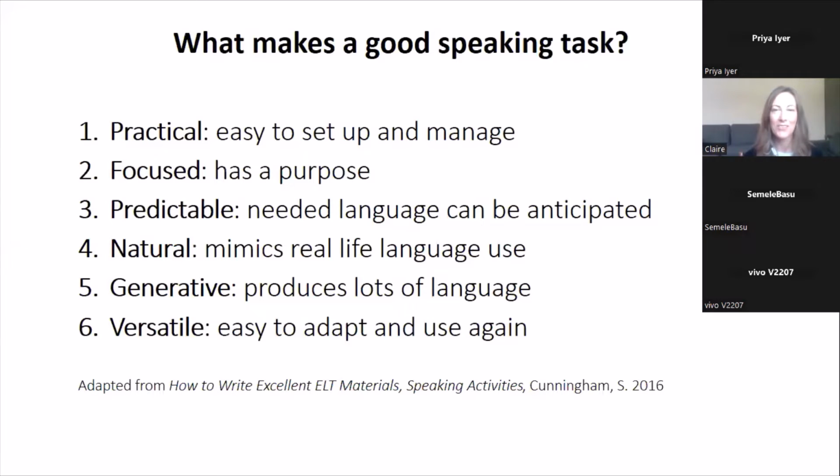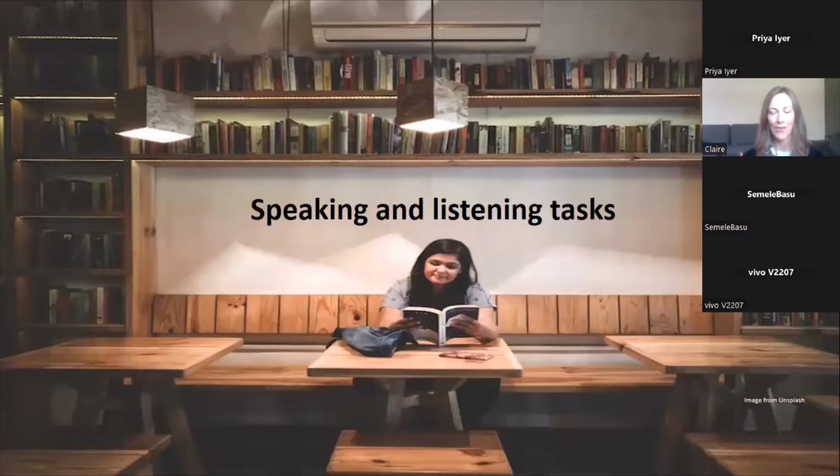So we're going to go through them one at a time, and after each one there will be a pause where you'll have the opportunity to think about it, reflect and decide if you could use this with your own students. Are you ready? Let's go.